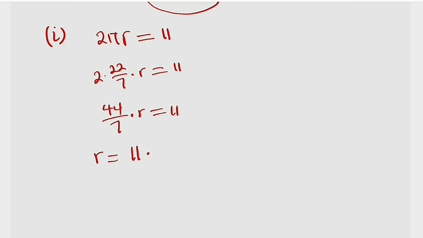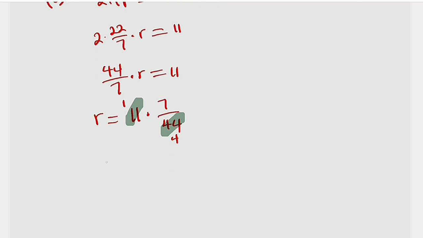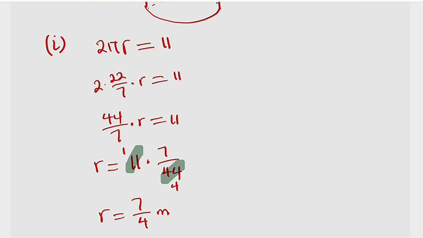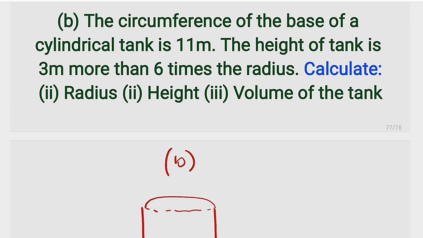So it will be 11 multiplied by 7/44. And 11 can divide itself one time, and it can divide 44 exactly 4 times. So you can see that the radius is equal to 7 divided by 4 meter. Okay, what do we need to find next? The height.